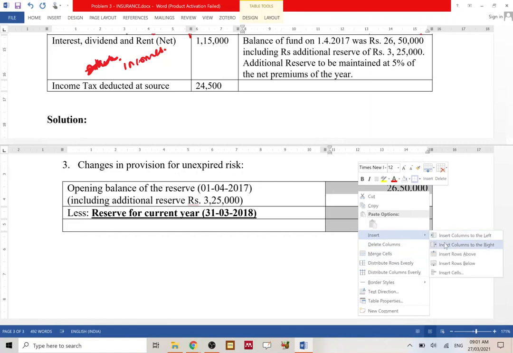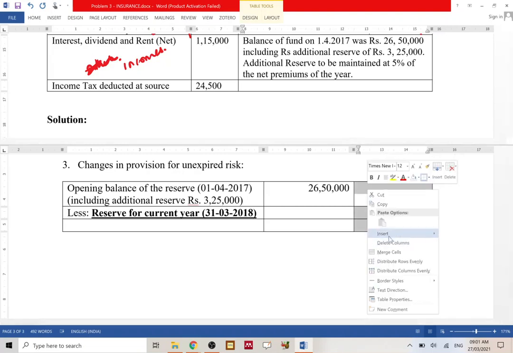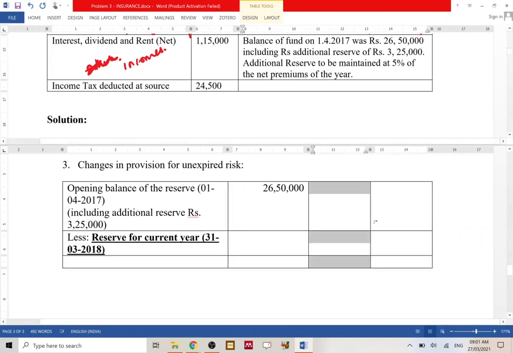Okay, so what we will do here is I'll make another inner column so that we can calculate those amounts and write them accordingly. Let's bring this over here.